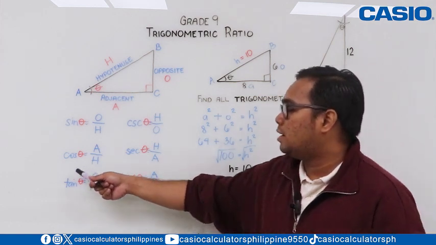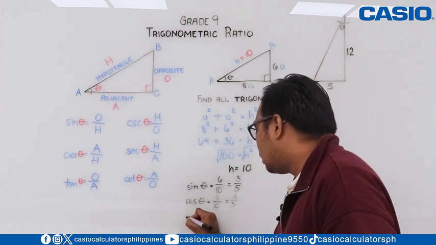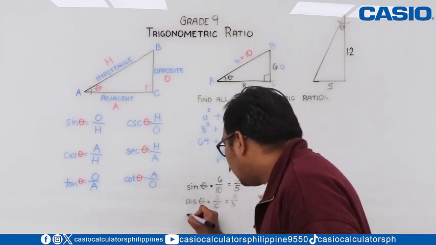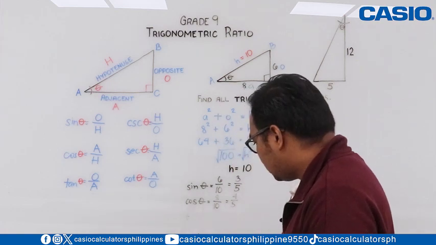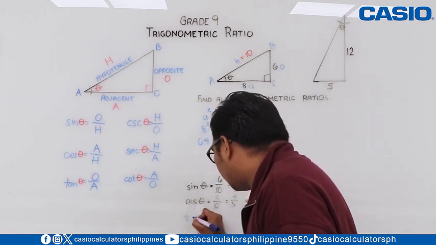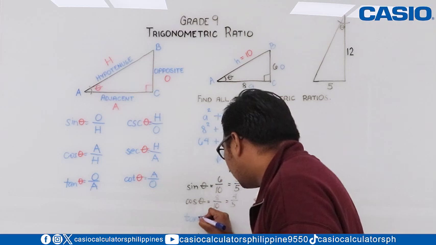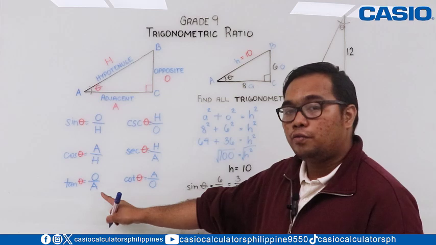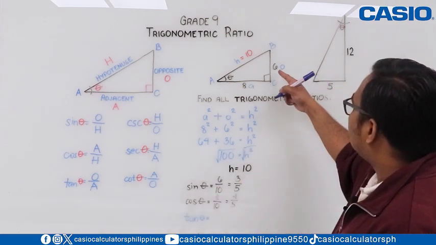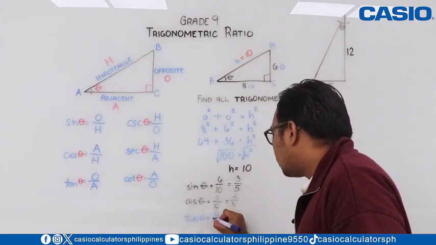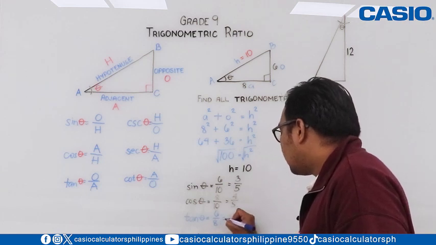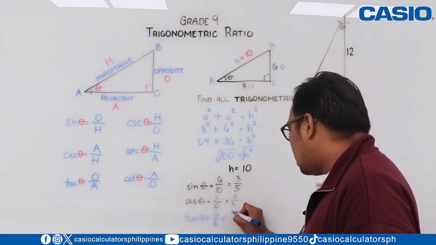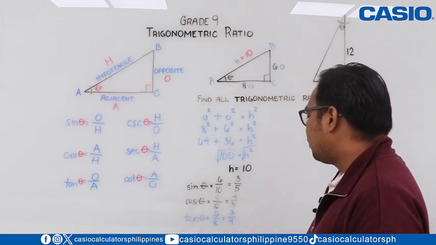Now, let us define our tangent theta. Tangent theta is equal to the opposite over adjacent side, which is 6 over 8. And 6 and 8 are both divisible by 2, and that will be 3 over 4.